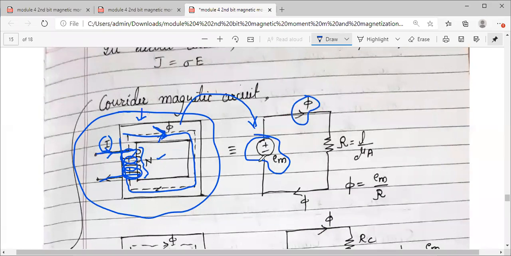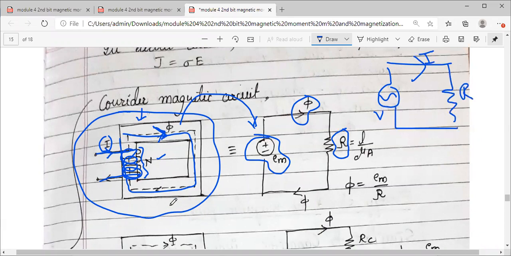There is a magnetic flux produced, and obviously for this circuit we will have certain opposition. Even in an electric circuit, you draw one voltage source, then some current flows, then there will be some resistance offered. Something like that, for this electromagnet, for this magnetic circuit, I have drawn an analogous circuit.